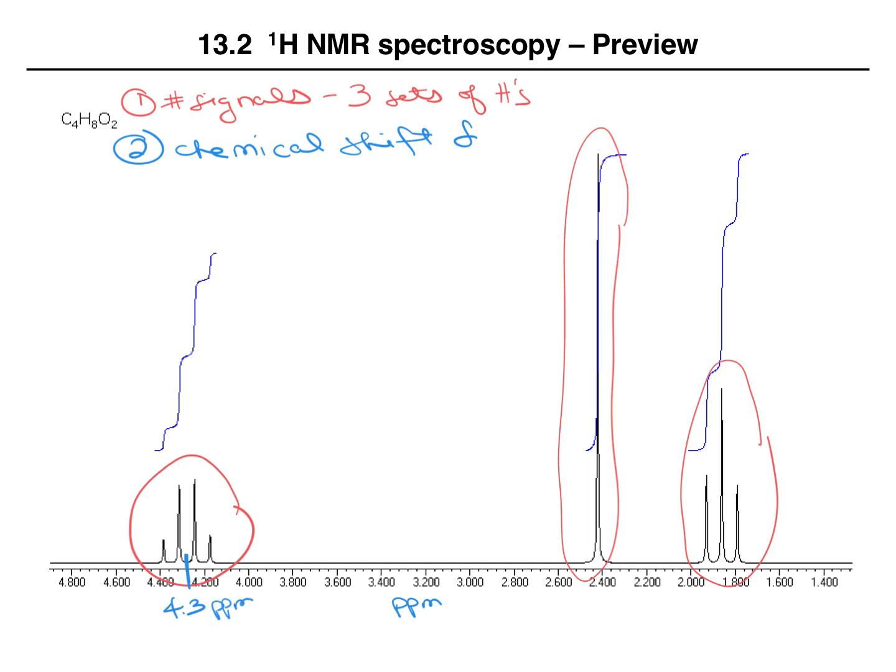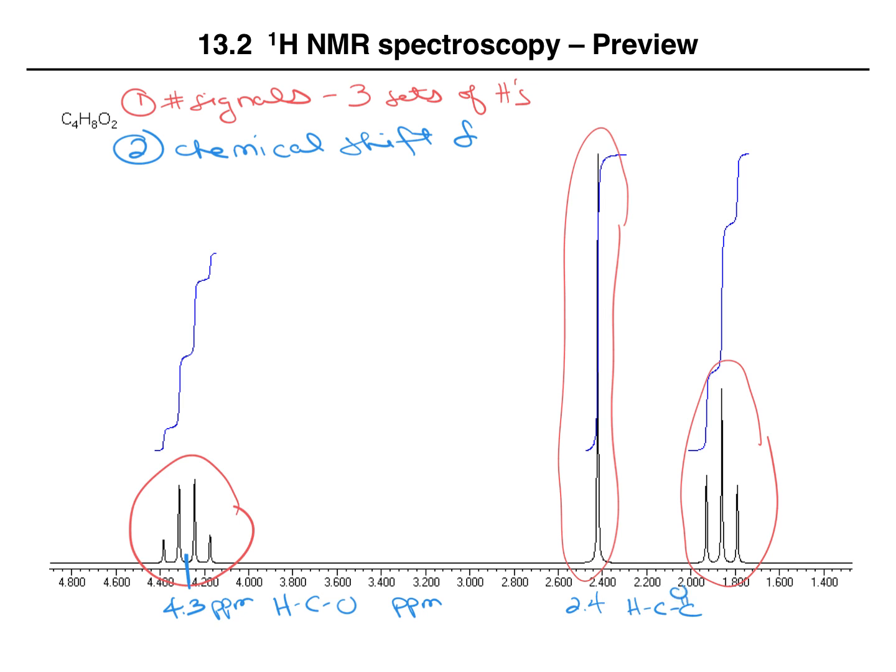And based on my understanding of NMR and knowing a little bit of information about the molecular formula, I know that this signal at about 4.3 ppm, this is most likely a hydrogen connected to a carbon that is connected to an oxygen. This signal at about 2.4 ppm, this is probably a hydrogen connected to a carbon that is connected to a carbonyl.